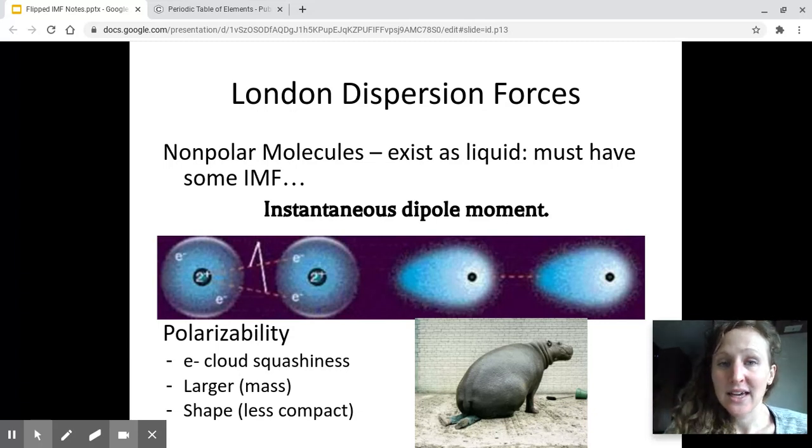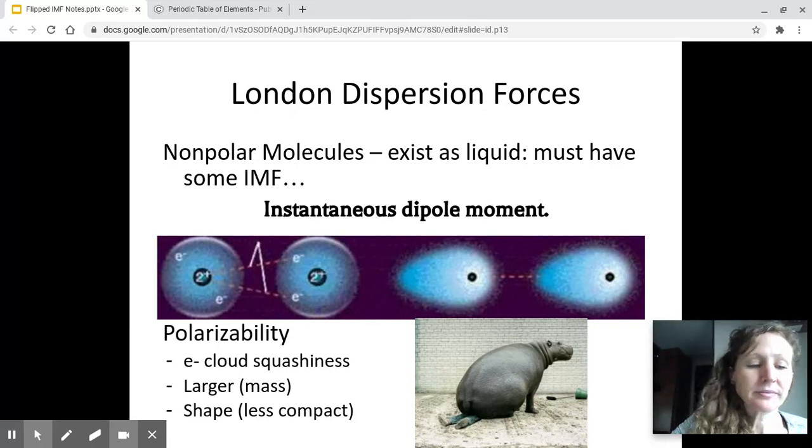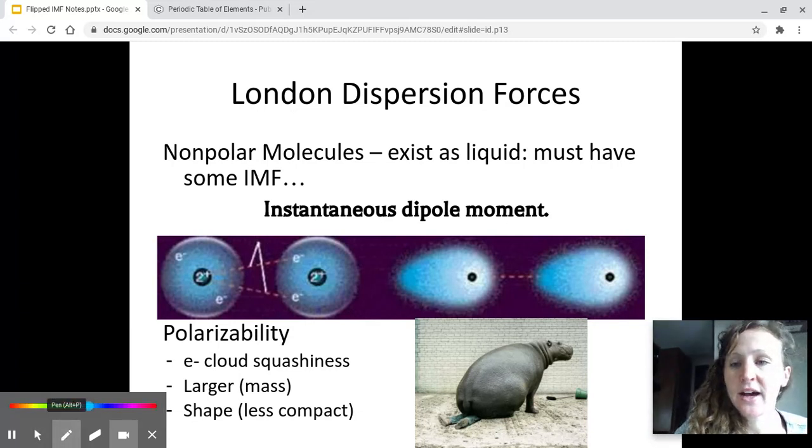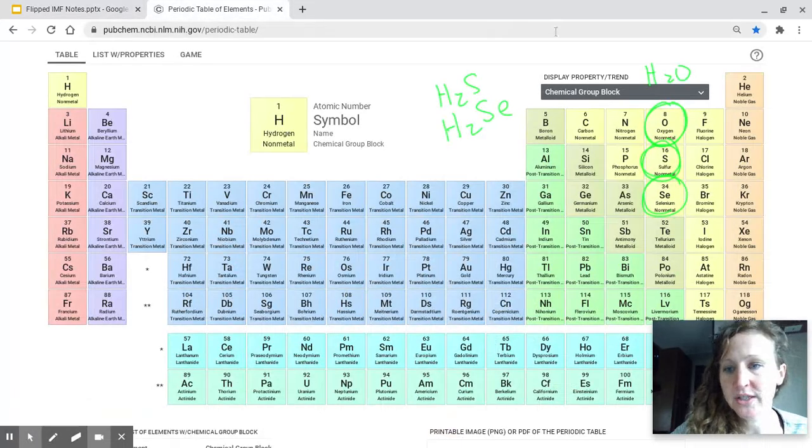Like we said yesterday, London dispersion forces are going to change based on mass and shape. So for example, let's go look at the periodic table and look at the halogens.